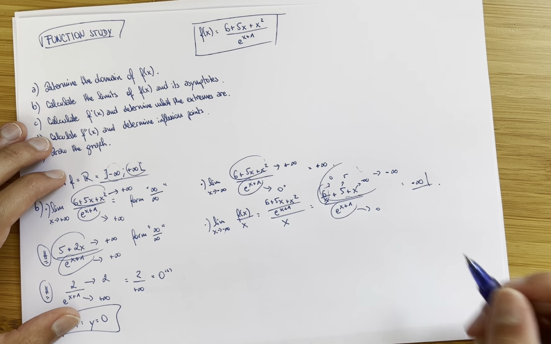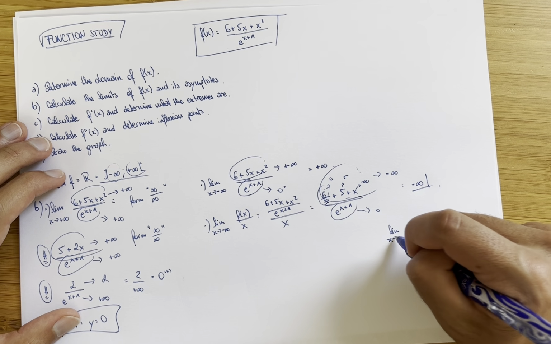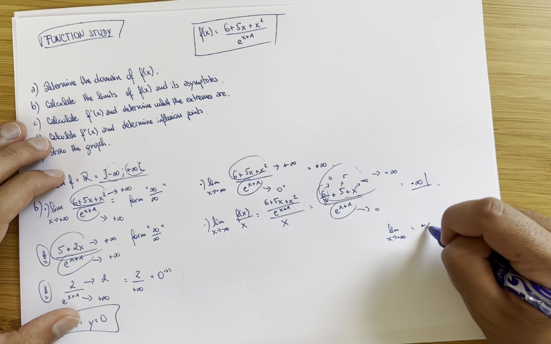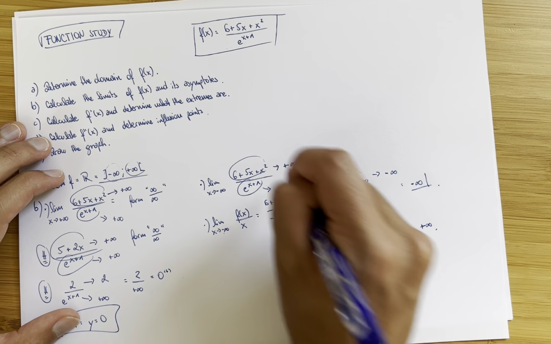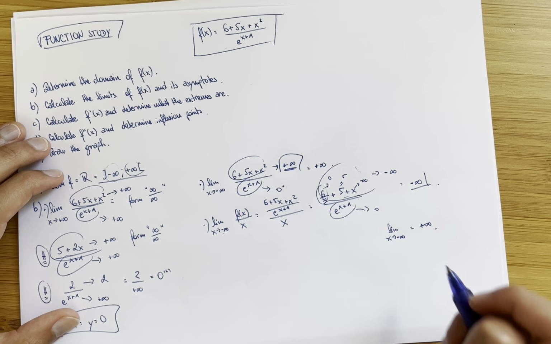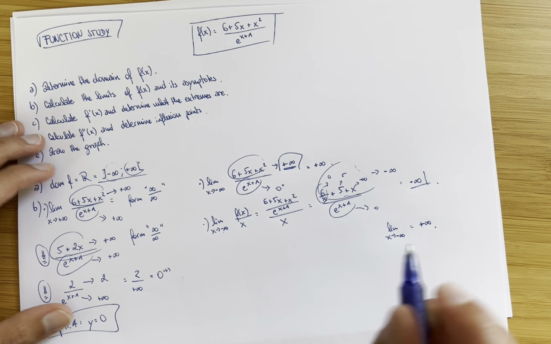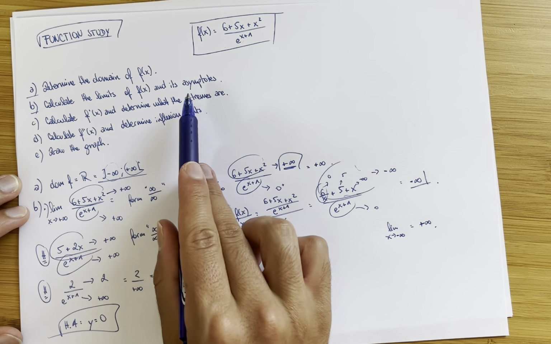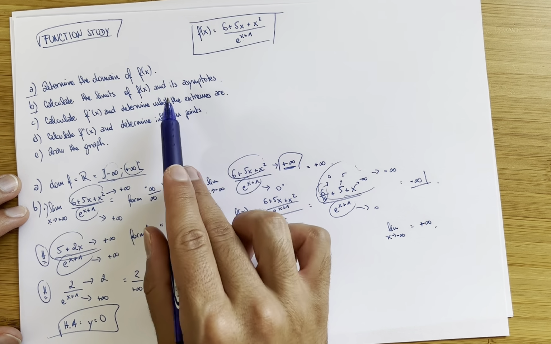So what we found out is that the limit when x goes to minus infinity is minus infinity. We are interested in this value. Now this was the important part for the domain and the limits of this function and its asymptotes.